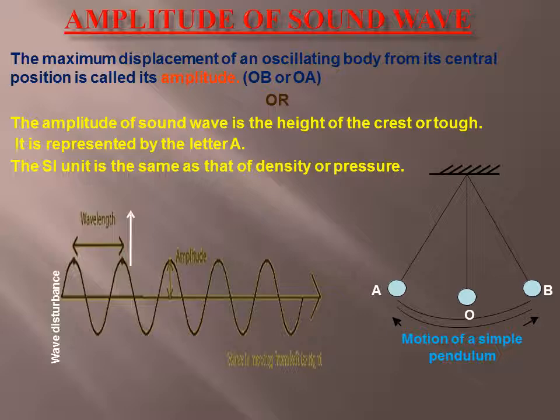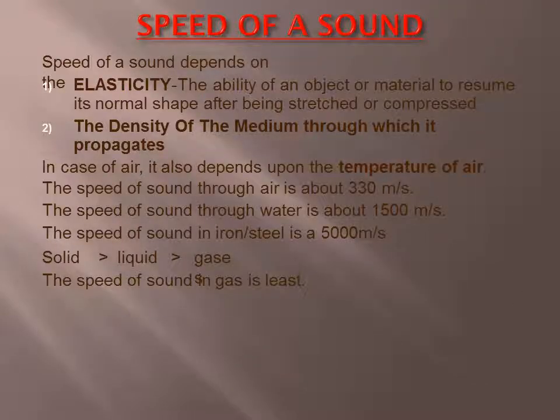Now let's move to the speed of sound. What do you mean by speed of sound? Whatever thing has to travel from one place to another takes time and requires a certain speed. So for sound to travel through any medium, it requires a certain speed. The speed of sound depends on elasticity.